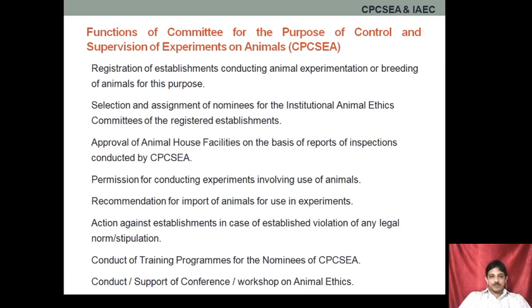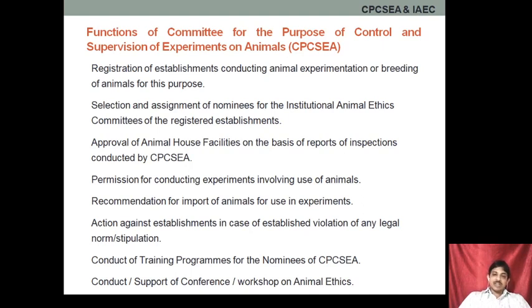monkey, those things, primates. Now what will happen if the experiment involves small laboratory animals? In that case, if the procedure submitted by the PI, principal investigator, or the institution satisfies the committee members, then they give the permission to carry out the experiment.